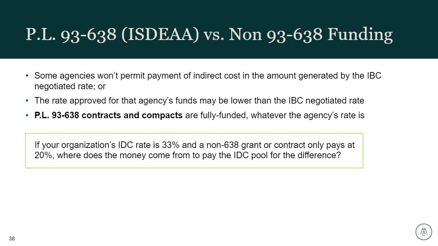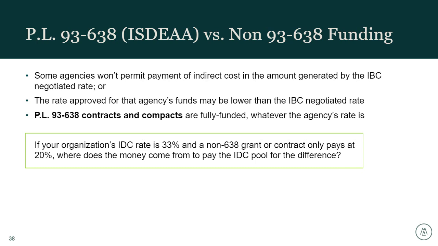Also, the rate approved for that agency's funds may be lower than the Interior Business Center negotiated rate. And Public Law 93-638 contracts are fully funded, whatever the agency rate is.